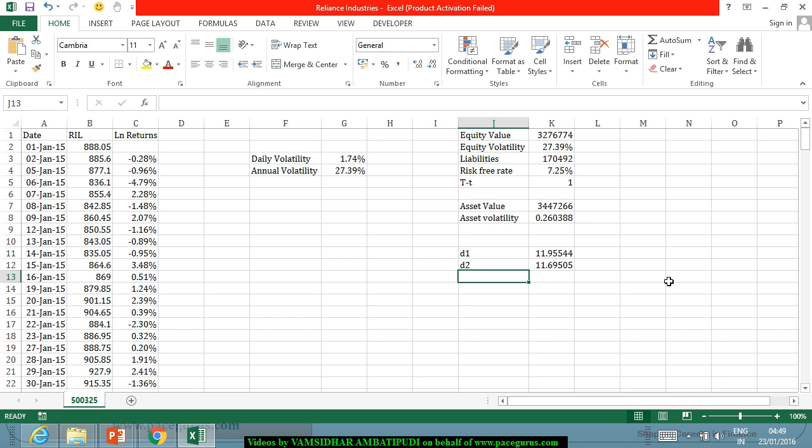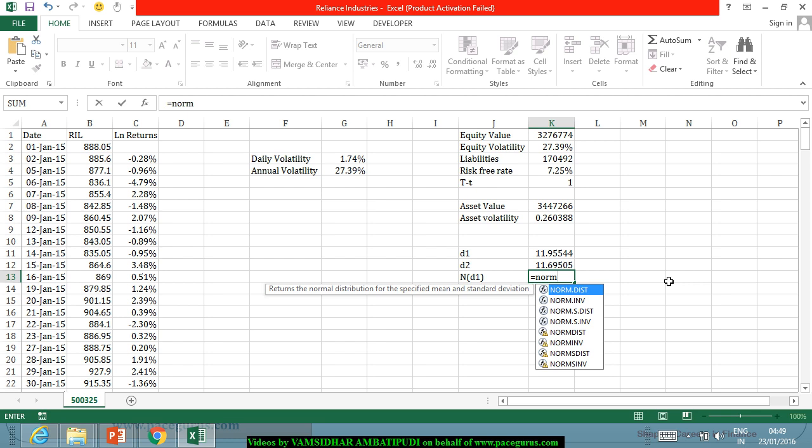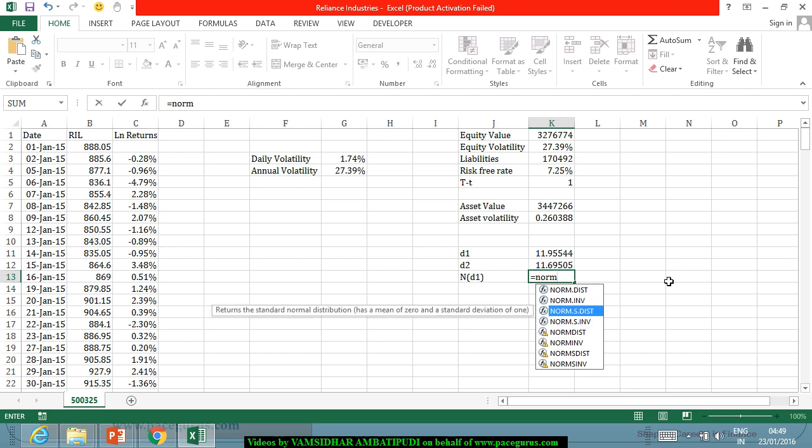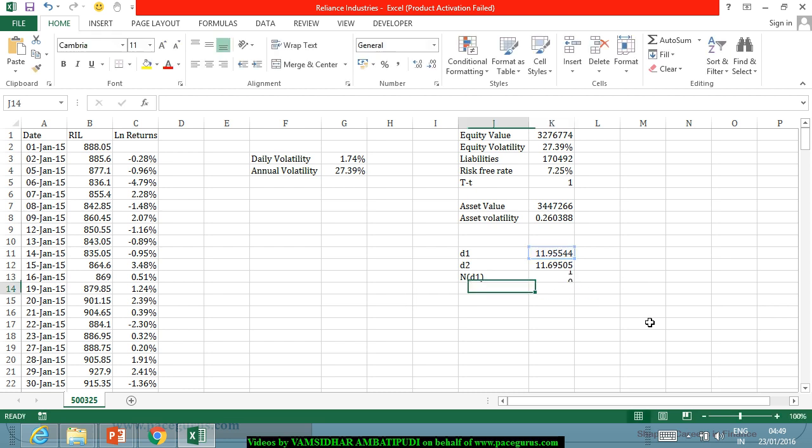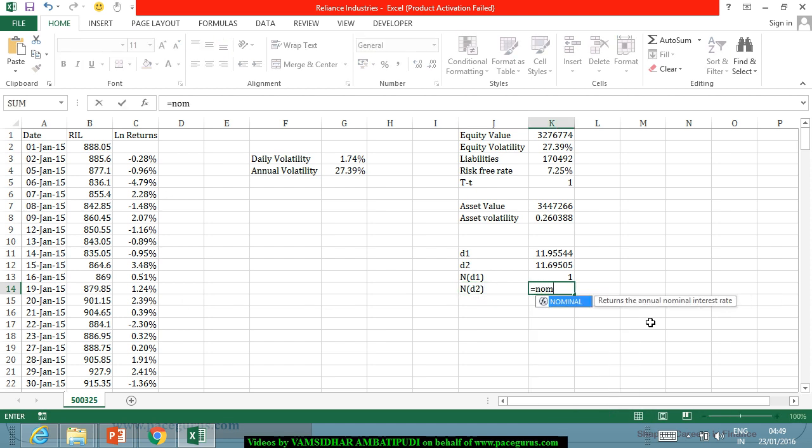Based on this, equity value is nothing but the value of the call option, right? So first let me find out ND1, which comes out as the NORM.DIST function associated with this particular value. ND1 is very close to 1 and ND2 also goes very close to 1.